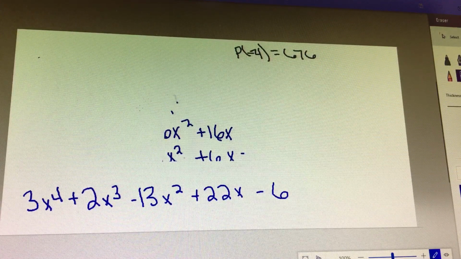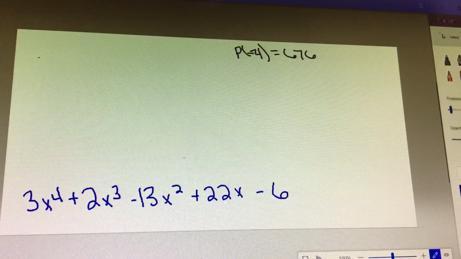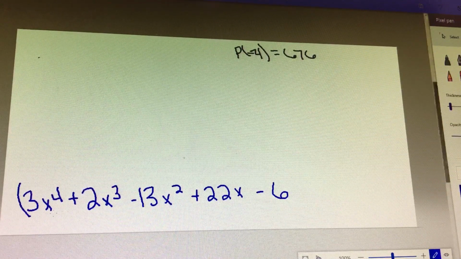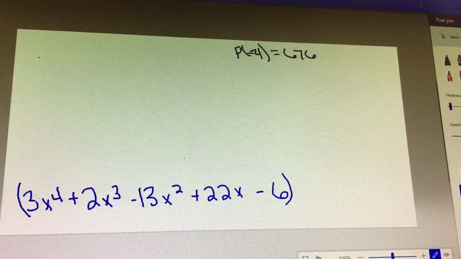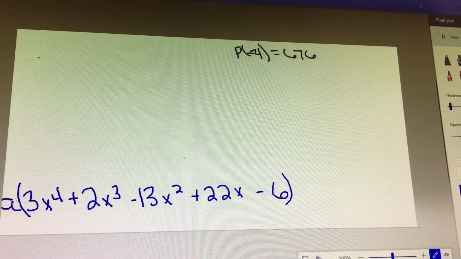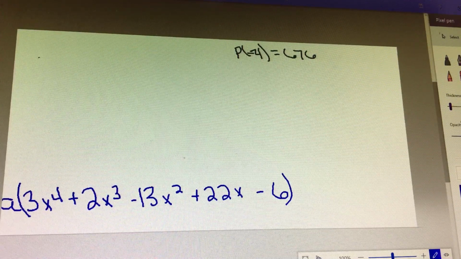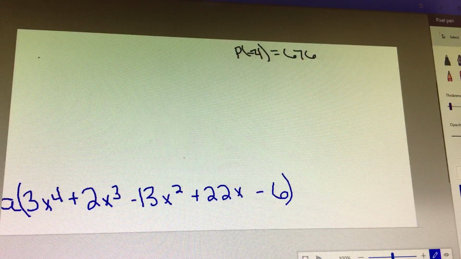This is going to end up giving me my A value, the value that's really in front of all of this as a multiplicative. Okay, so we're going to take the negative 4 and plug it in, in red.